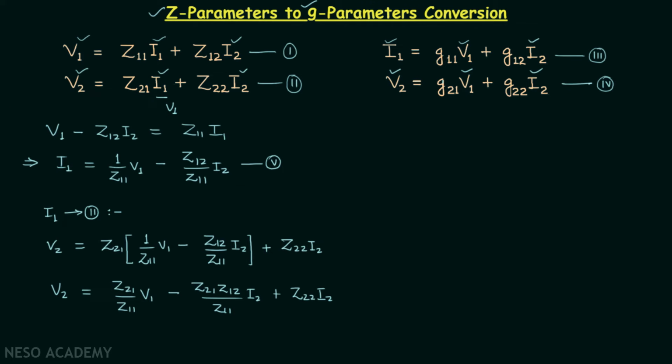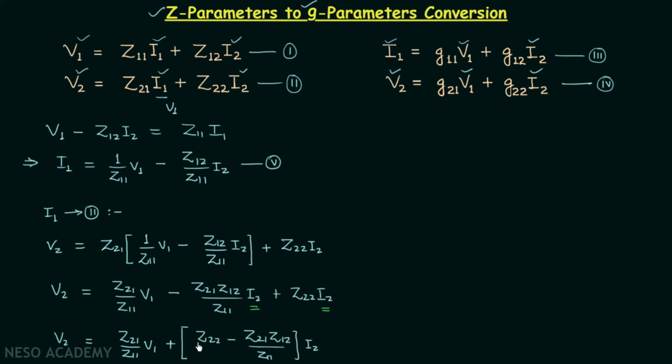Now you can see that in the last two terms we have I2 common. So let us take current I2 common. We will have V2 equal to Z21 divided by Z11 V1 plus, inside the bracket, Z22 minus Z21 multiplied by Z12 divided by Z11, and current I2 is common.